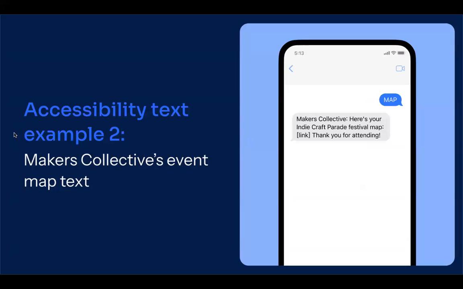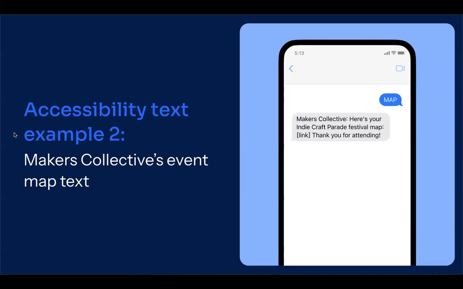And then this is an example. At the top of this webinar, Alfredo mentioned that we have a podcast now called Shoestring. And our first guest on that podcast was Makers Collective. We were helping them to come up with ideas to market their event, the Indie Craft Parade.